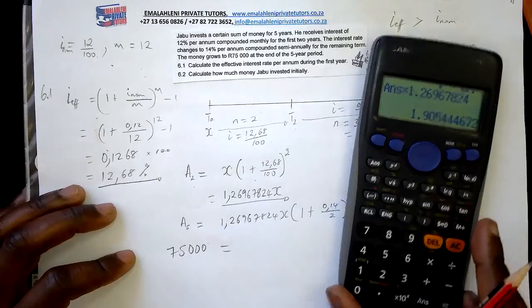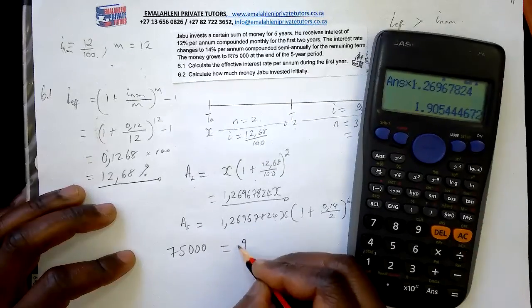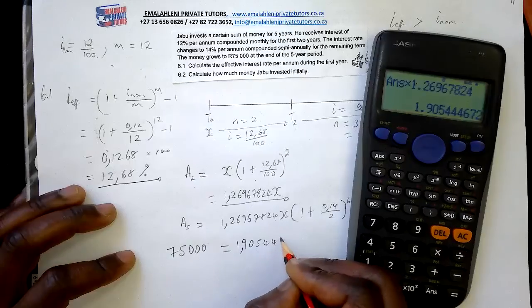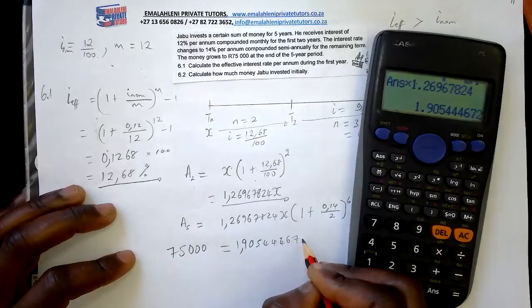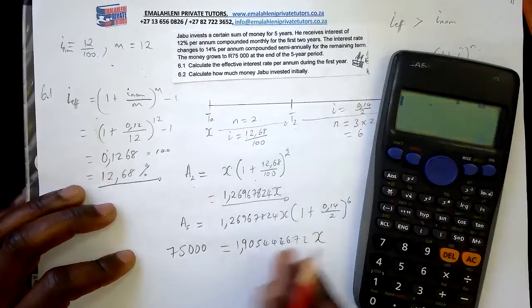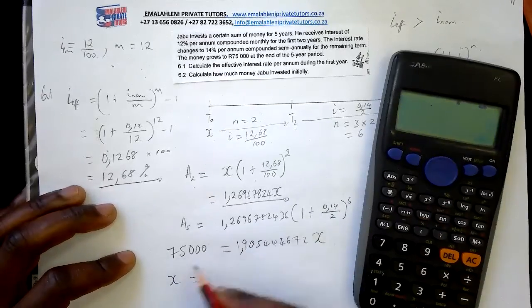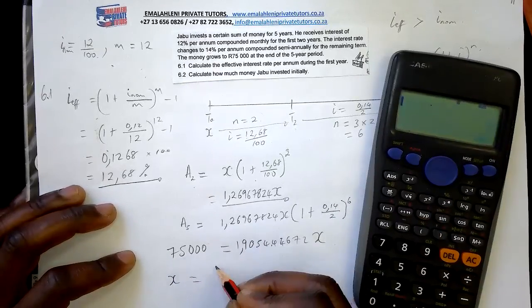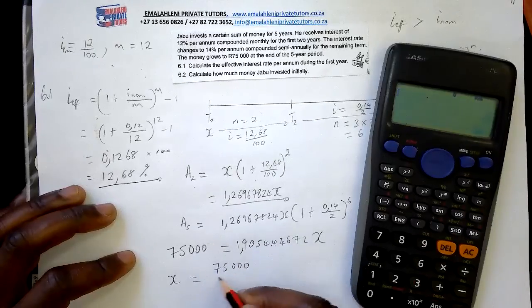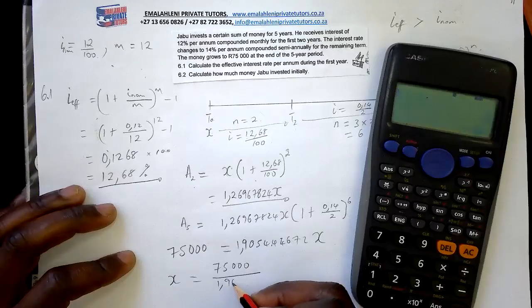We get 1,910,544,4672 X. Okay, then now we are dividing. The X is going to be equal to 75,000 divided by this. So it's going to be 75,000 divided by 1,90544, goes on like that.